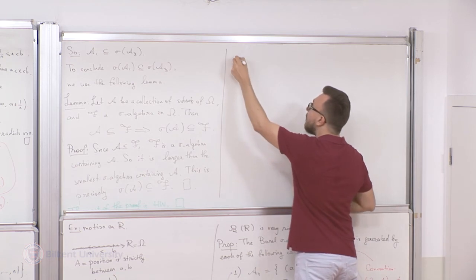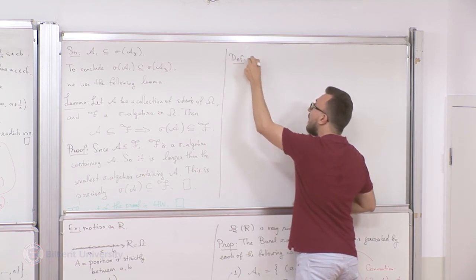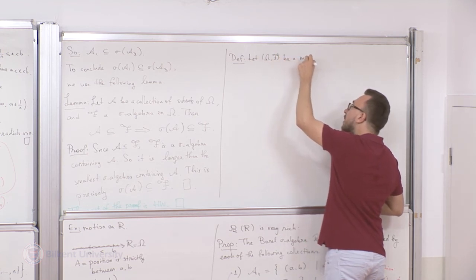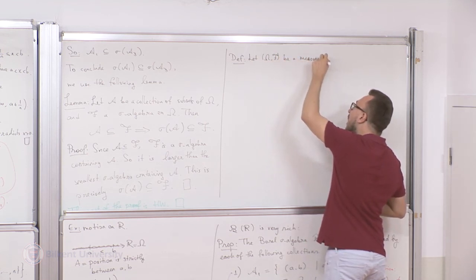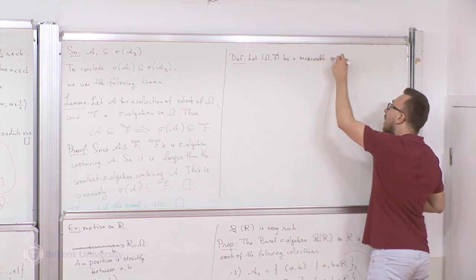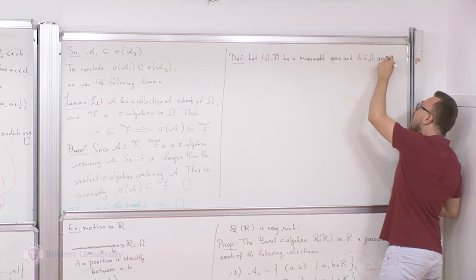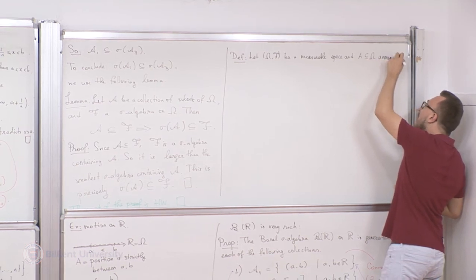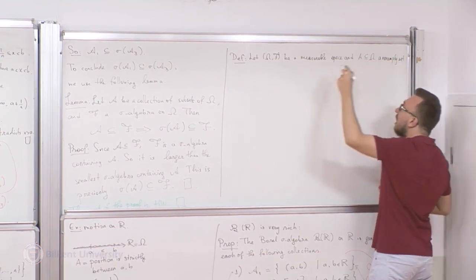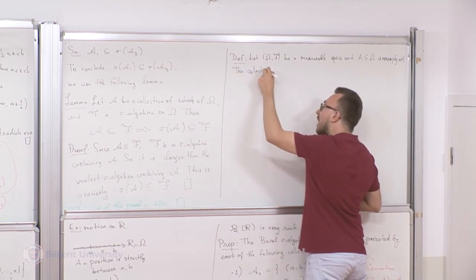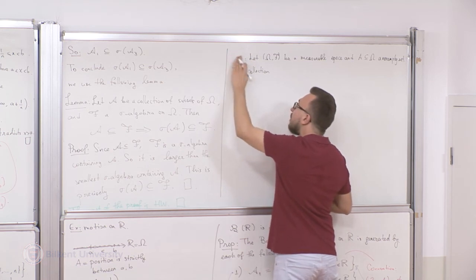So let me write down a definition, okay? Let (Ω, F) be a measurable space and A a non-empty set. I should actually write it as a proposition, sorry.